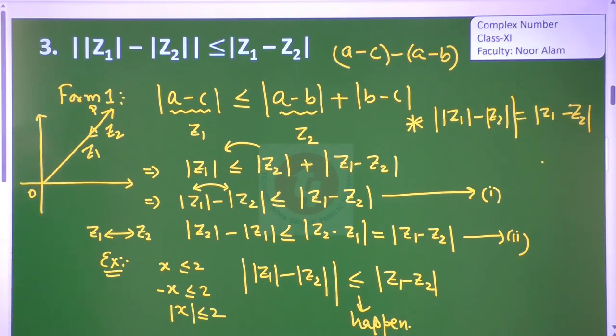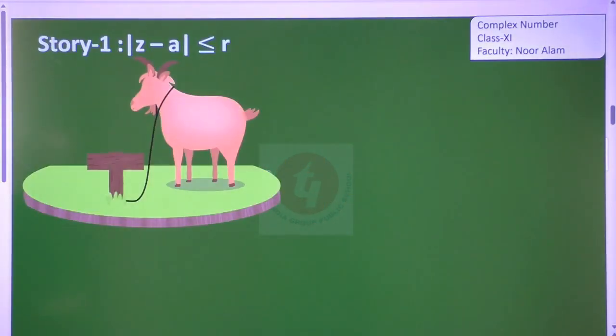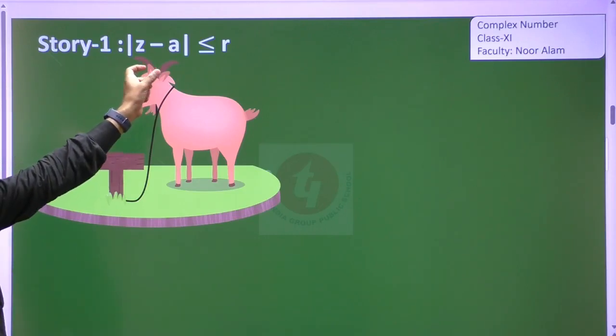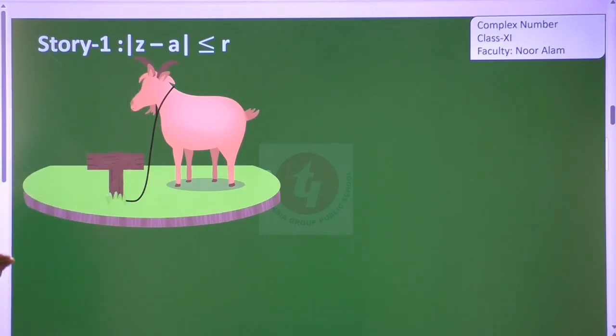Now coming to one important result regarding this inequality. Suppose we have mod of z minus a less than or equal to r. What does it actually mean? In a simple way, you can just see this picture and try to relate the story with this formula.